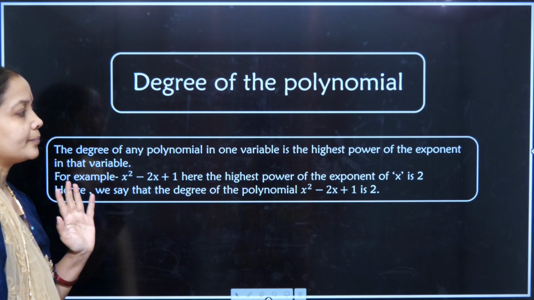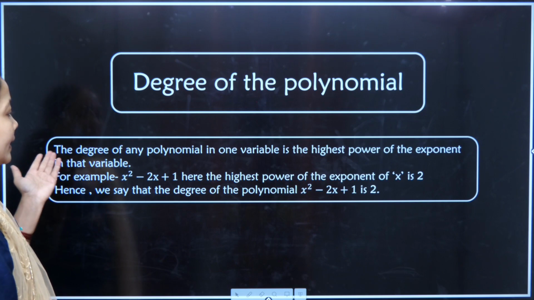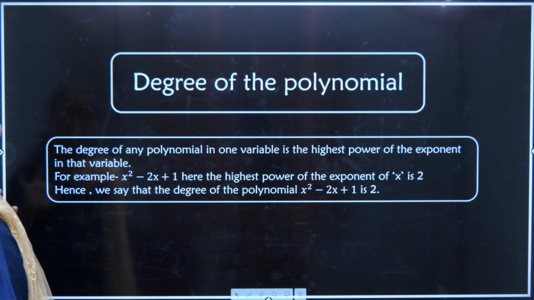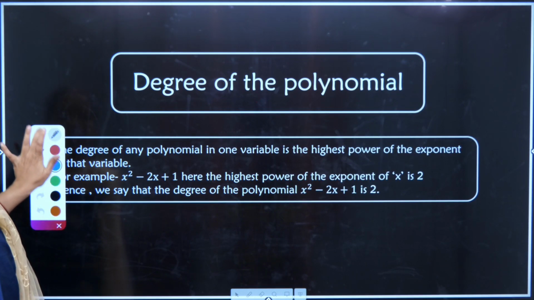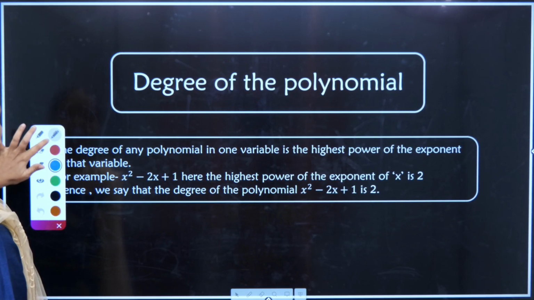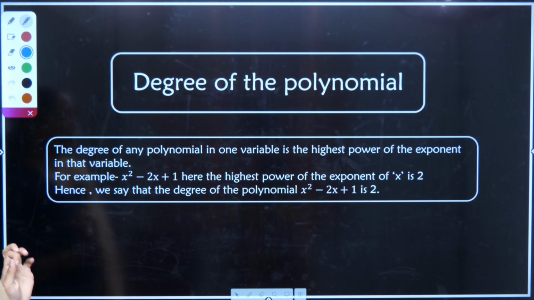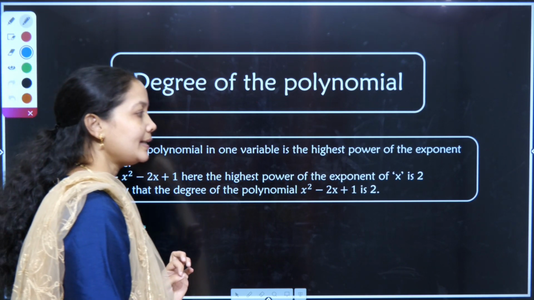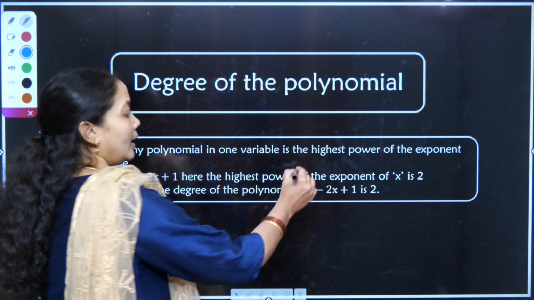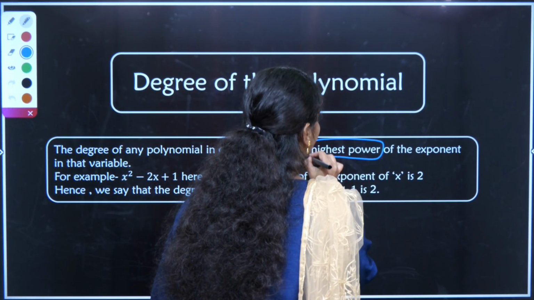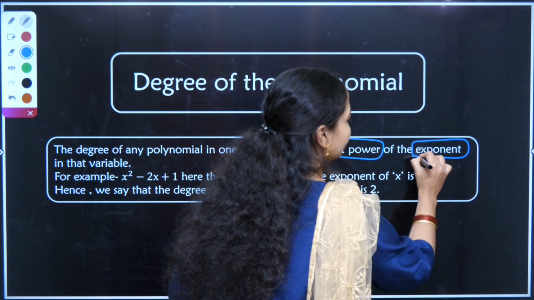So what is degree? The degree of any polynomial in one variable is the highest power of the exponent in that variable. Again, highest power of the exponent.